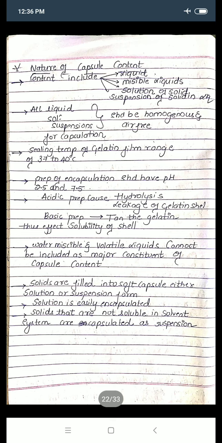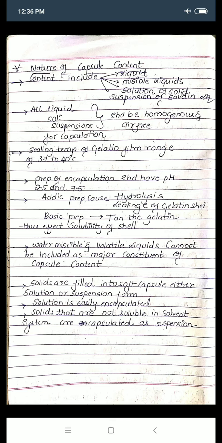Coming to the nature of the capsule content. The contents include either liquids, miscible liquids, solution of solid or suspension of solid in liquid. All the liquid, solution or suspension should be homogeneous and it should be air free for encapsulation. The sealing temperature of gelatin film ranges from 37 to 40 degrees Celsius.